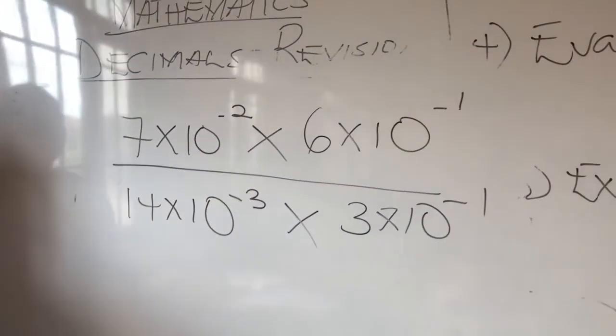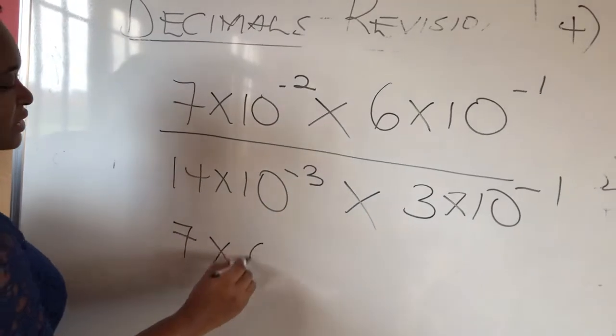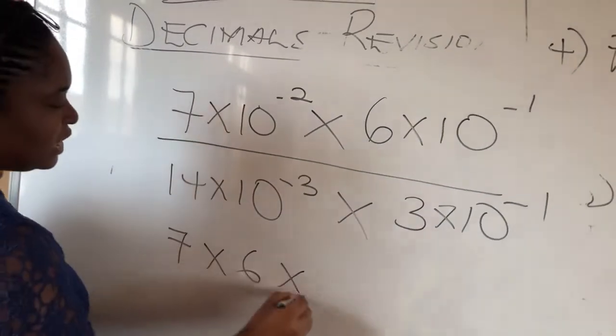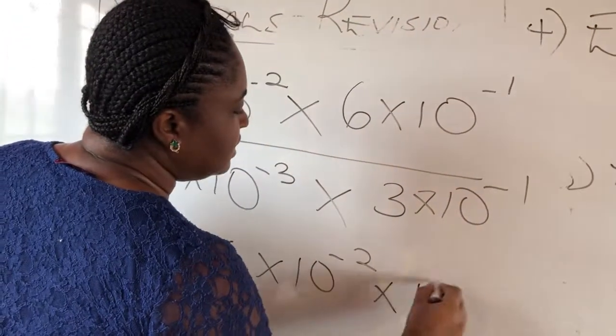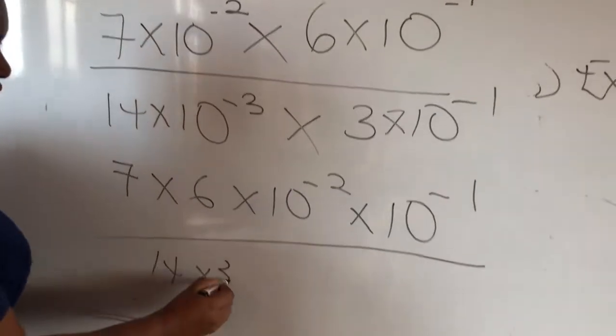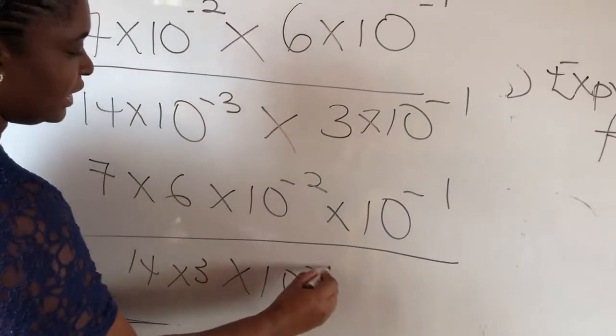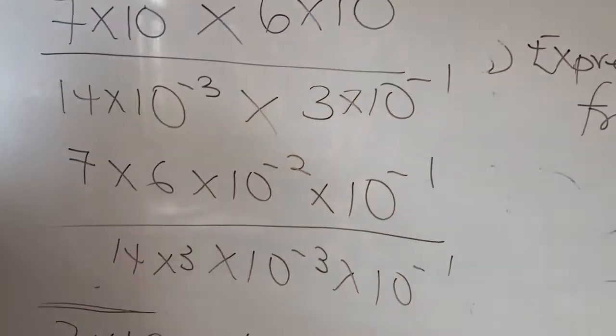When you get here, you group the numbers. So you have 7 times 6 times 10 raised to the power -2 times 10 raised to the power -1, all over 14 times 3 times 10 raised to the power -3 times 10 raised to the power -1.